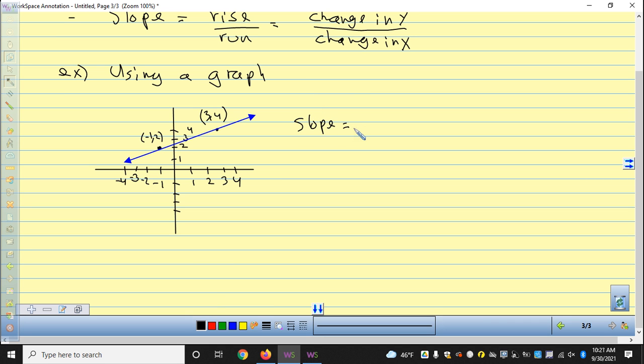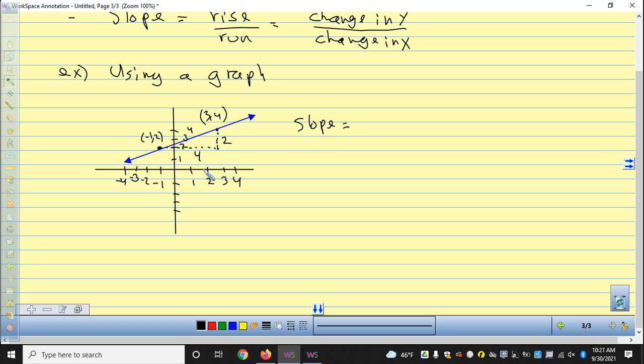So we're going to count the rise and the run. And I'm going to visualize it like this, just a little triangle. To count the rise, I'm going from here, counting up 1, 2 spaces. So the rise is going to be 2. And the run, I'm going to count over here, 1, 2, 3, 4.